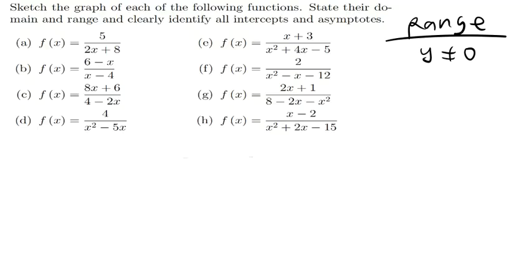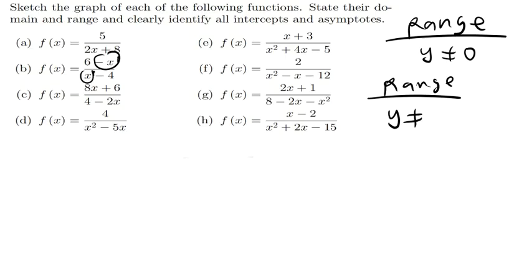Let's go back to this. How can I find the range for part 2? Considering the fact that the denominator and the numerator have the same degree of x. This is x to the power 1, this is x to the power 1. You divide the coefficients. Y is not equal to, the coefficient here is negative 1, the coefficient here is 1.